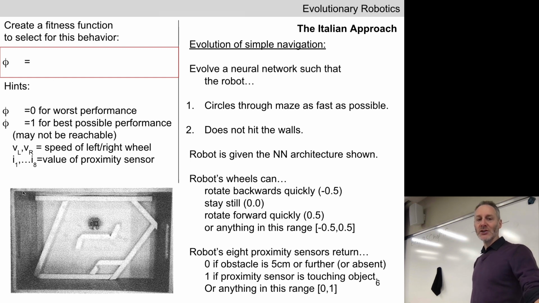And this fitness function, when fed these 10 numbers, should evaluate to a number very close to 1 if this robot is doing very well at whatever we want the robot to do, which in this case is to drive around and around this track as quickly as possible. Let's go. What did you come up with?